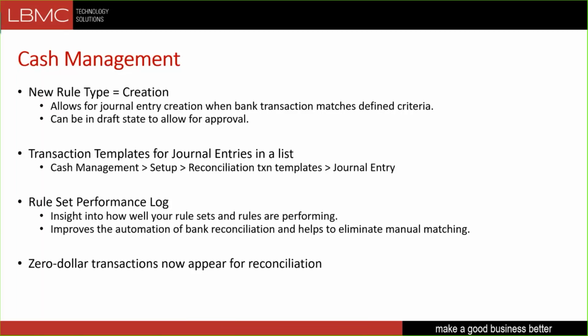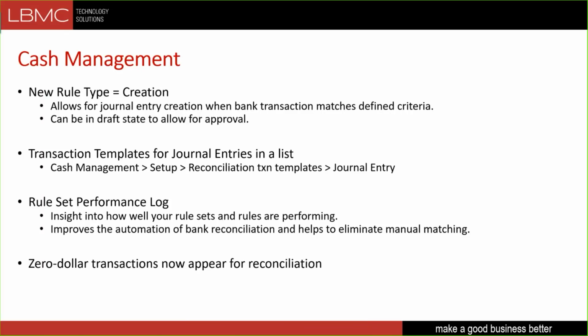Now, Intacct is trying to move to more and more automation of the entire reconciliation process. And so there's a new rule type for creation of a journal entry based on criteria that it finds in the bank feed.